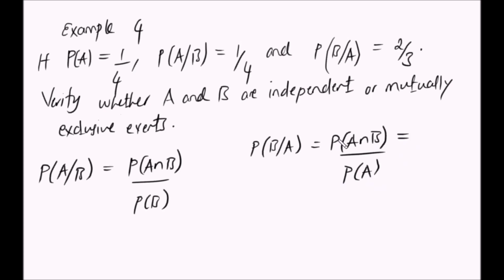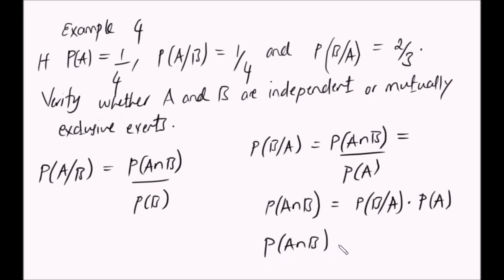So hii A intersection B hatuna. Lakini huyu B given A tunaye na huyu A tunaye. So hapa sasa tutakuwa tuna probability of A intersection B ni sawa na probability of B given A times probability of A.